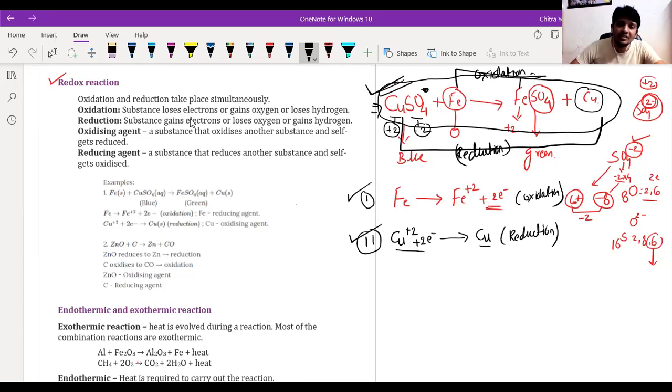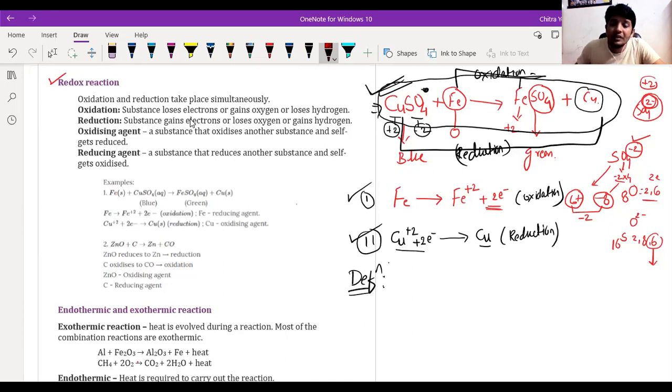Hence, it is called a redox reaction. So I'm going to write over here the definition for the redox reaction. Just remember, whatever we have separated from the given reaction, we have to write in word form only. So I'm going to write the definition.